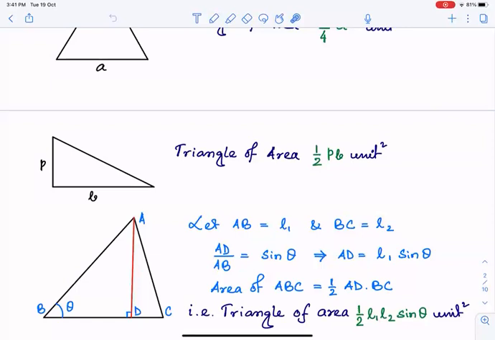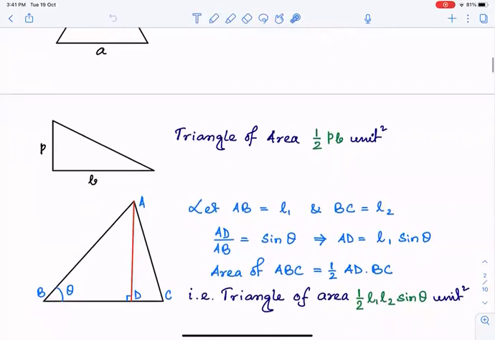That's going to be half L1 L2 sine theta unit square. So that means if you know the two side lengths of a triangle and the angle between the two side lengths, then area of the triangle can be found as half into product of the side lengths into sine of the angle between the two sides. Is this point clear to all?